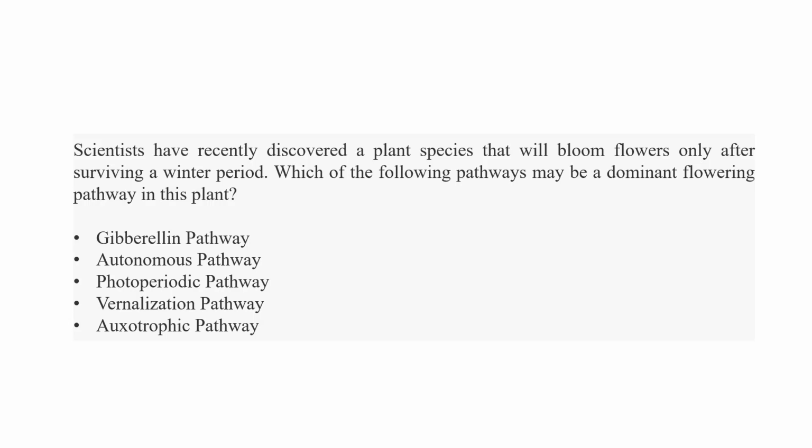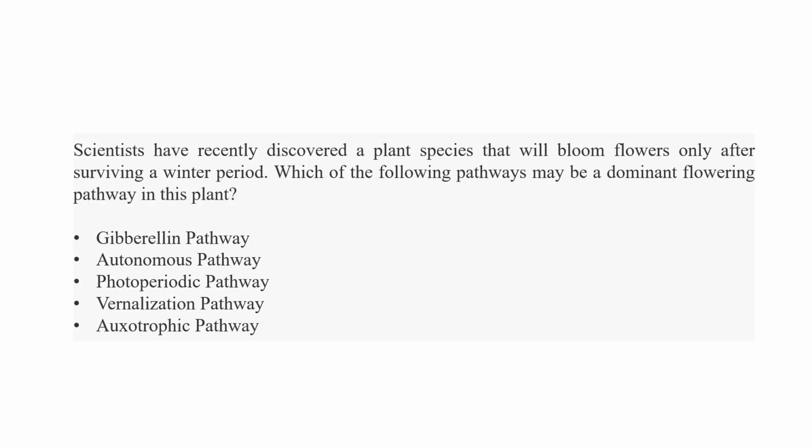Okay, so I'm switching the screen. Let us discuss the question then. So, if a plant blooms only after experiencing a winter period, it means it requires exposure to prolonged cold to trigger the flowering. And this process is known as vernalization. Okay, so what is vernalization pathway?